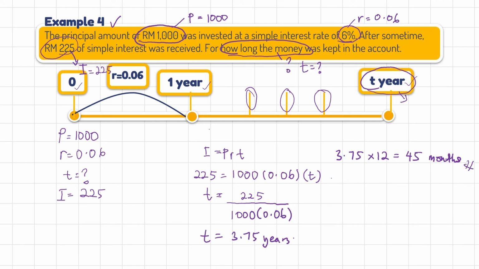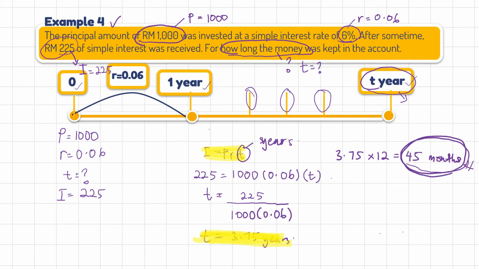But in calculation, our T here should be in years. Because in the formula, which is I equals to P times R times T, our T here should be in years. Hope you guys understand. For this example, we can express our T in months because this is the final answer.